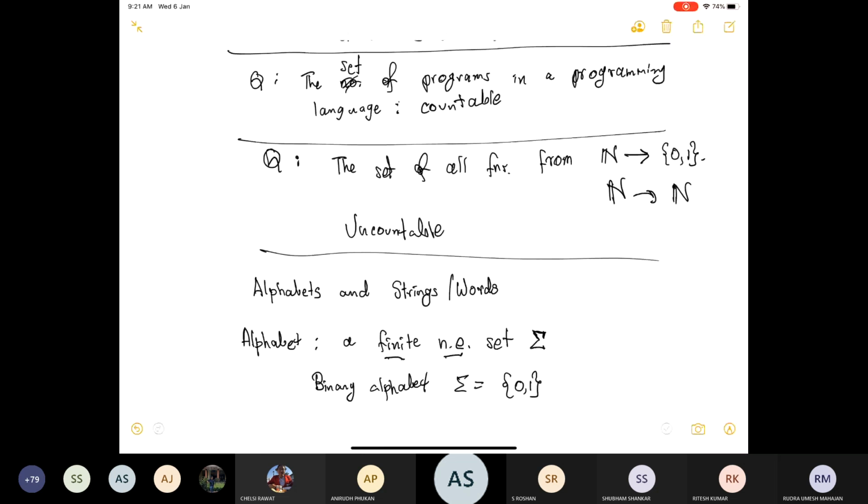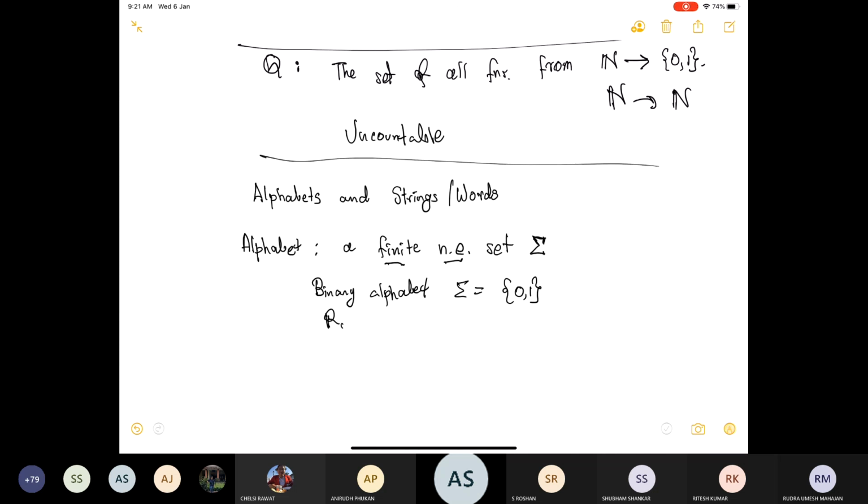And we have the usual alphabet of Roman letters. The elements of the set sigma are called symbols, or sometimes letters.